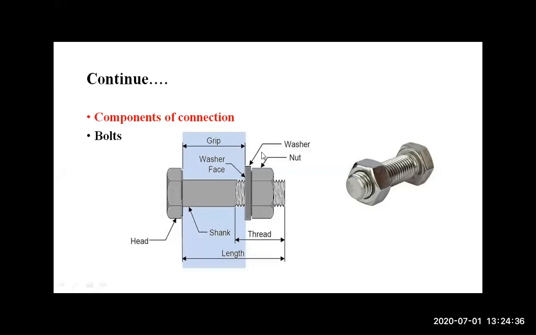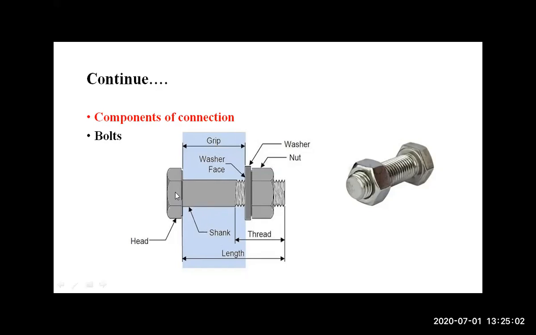Now again, you can see this grip here. What does grip mean? We have provided this grip for what purpose? In this grip, two or three structural members, it may be plates or angles or I sections, whatever steel structural members, are between this grip area. So in this grip area, the members are there.